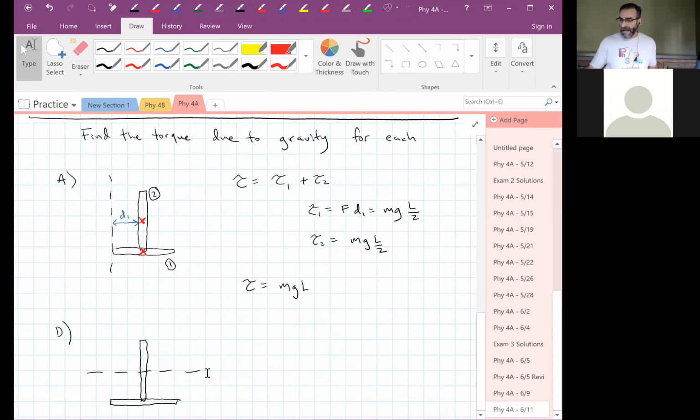We've got this rod here, basically, right, hanging off that from the axis of rotation, and we're holding it. It's horizontal. We're holding it, and we're gonna let go, and gravity is gonna cause it to start rotating, right? Gravity is gonna produce a torque, which causes it to start rotating. That's what we're trying to find here.